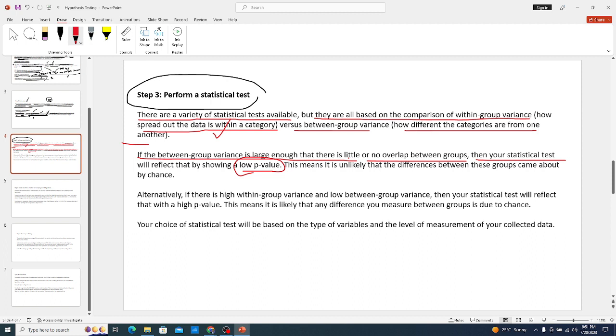If we don't have that big a difference between the standard deviation for men's height and for women's height, meaning we have a very small difference, then it means we'll have a very low p-value. This means it is unlikely that the difference between these groups came about by chance.